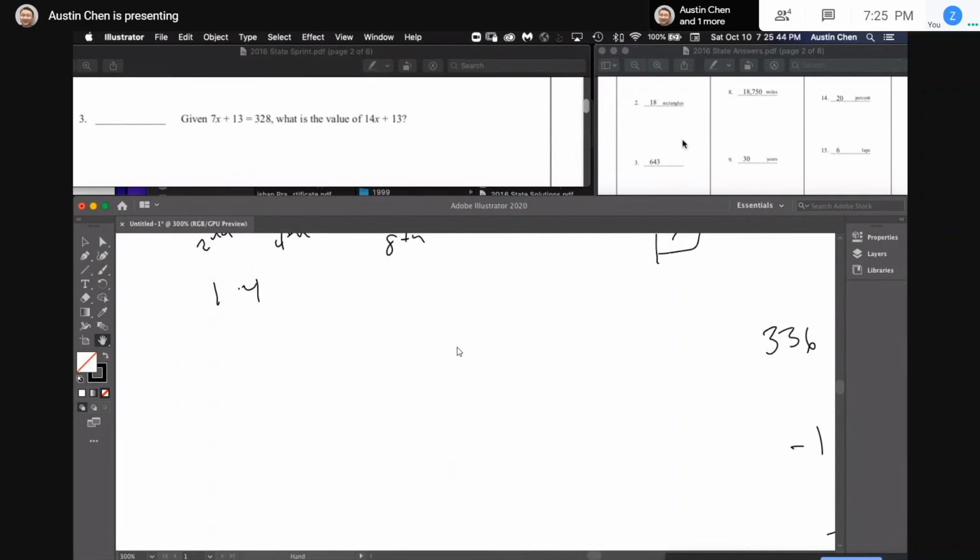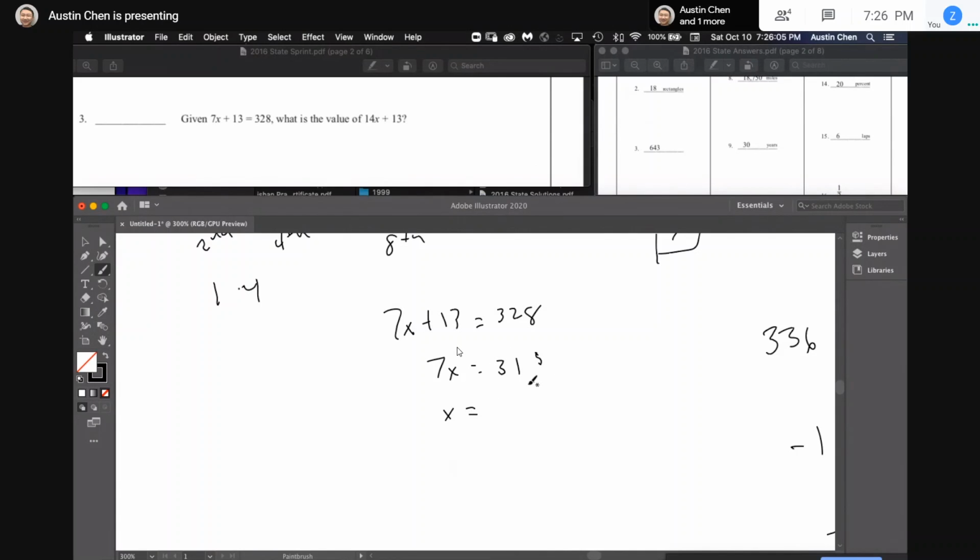Okay. Number 3. Given 7x plus 13 is 328, what is the value of 14x plus 13? So it's pretty easy. Just solve for x with the first equation, and then plug in our value of x into there. So we just minus 13 on both sides, so that's going to be 315.